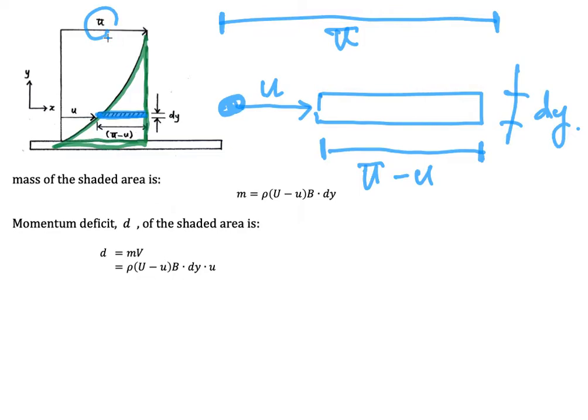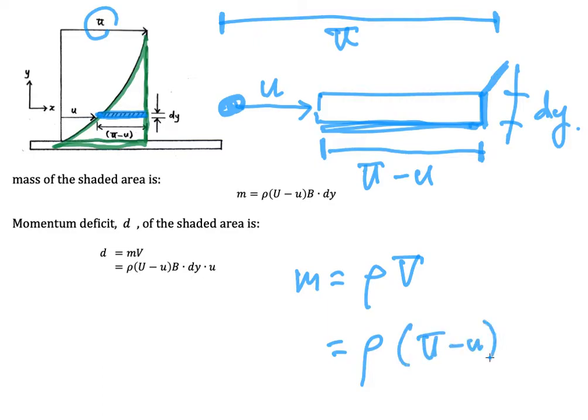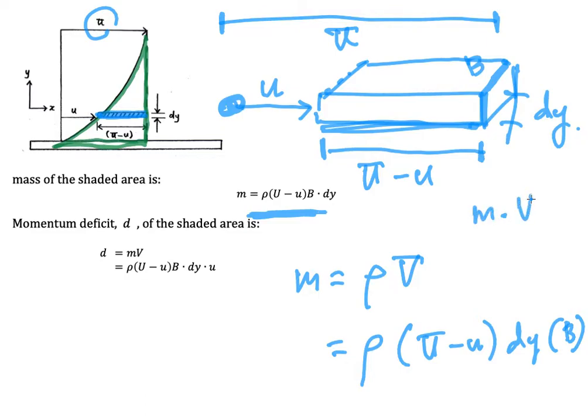And then the mass here is rho and volume. Rho is maintained as rho, and volume here means the length times the height times the width. So we could calculate it as capital U minus u, dy, and b, because the width here is b. You just imagine that we have a 3D shape like that. So we could write it as this. This is the mass, and then to calculate the momentum, the mass must be multiplied with velocity.